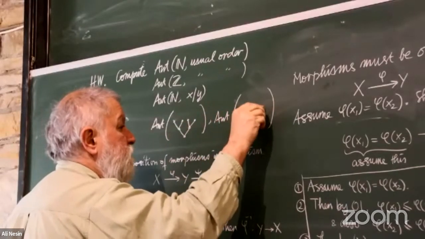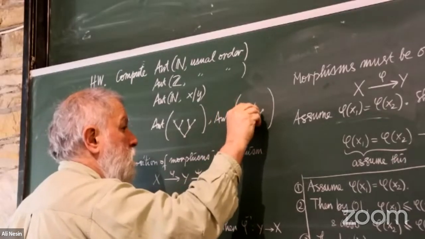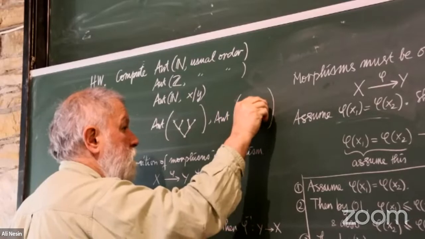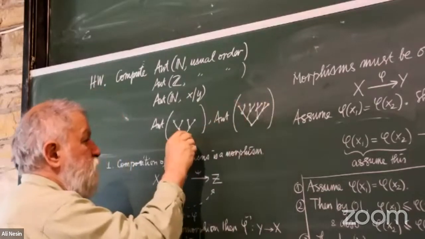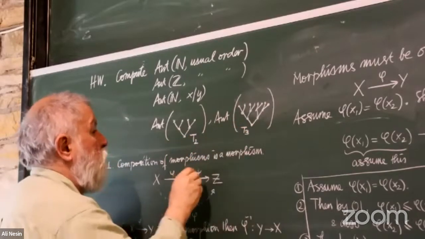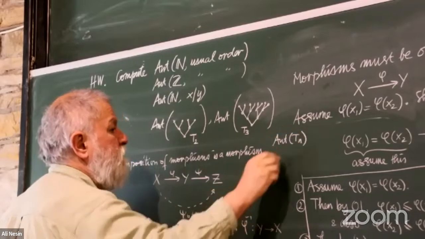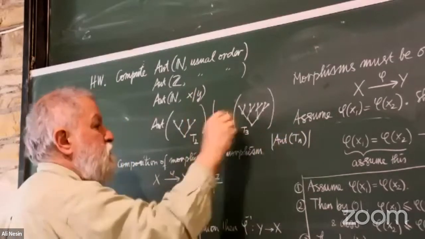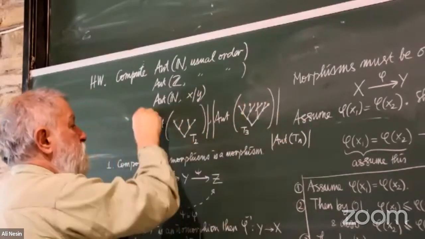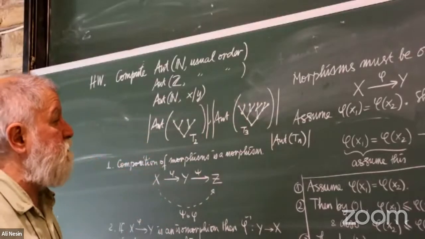Now let's have three floors. Let's call this T2. Let's call this T3. And in general, compute automorphisms of Tn. Find the number of elements. It may be difficult to find the group itself, but find its number of elements.